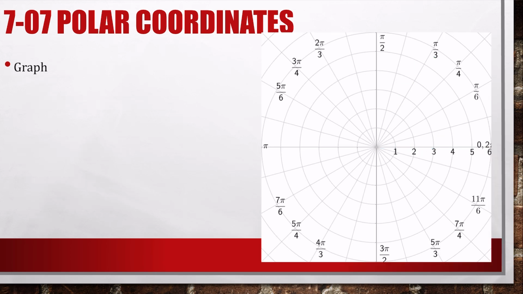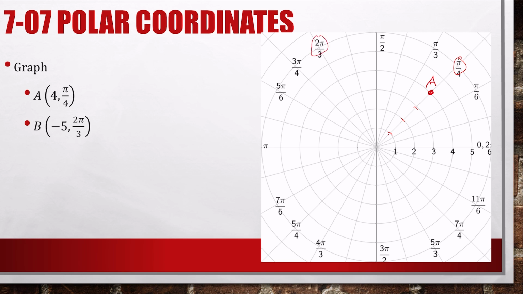Let's graph some points. Let's start with (4, pi over 4). So we find our angle pi over 4, and we want the fourth ring. Let's try (-5, 2 pi over 3).